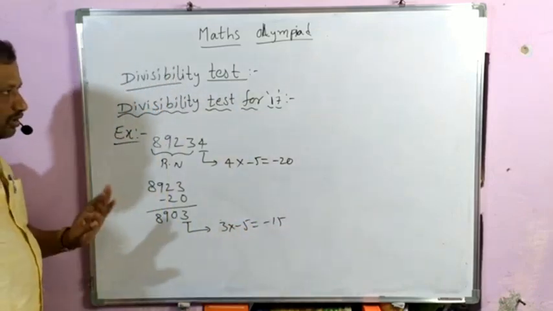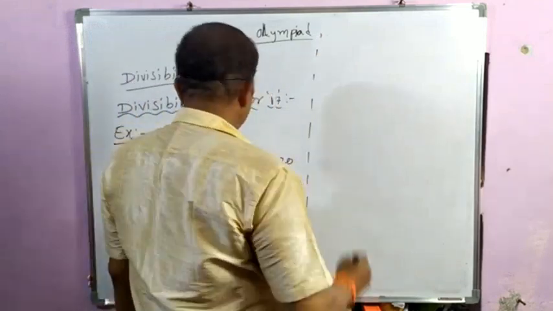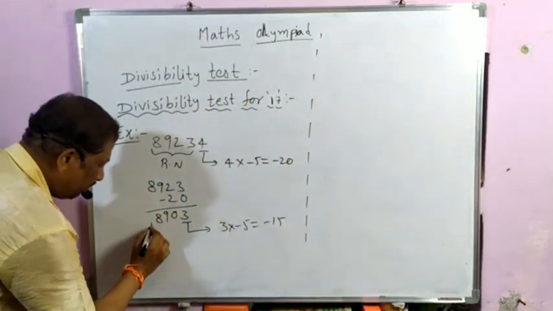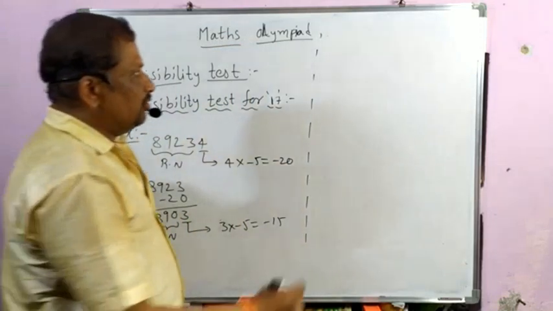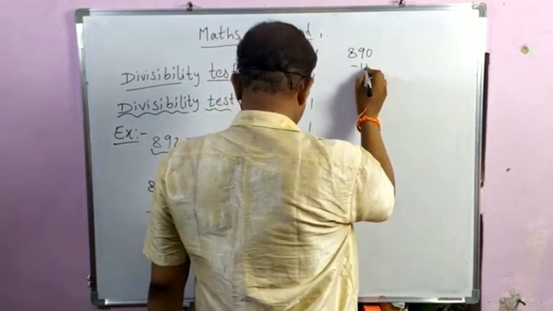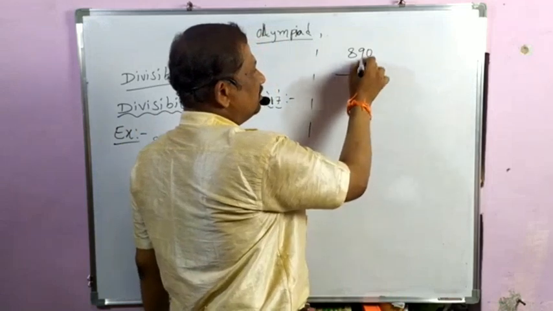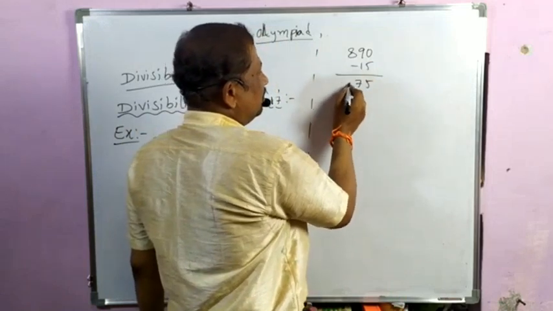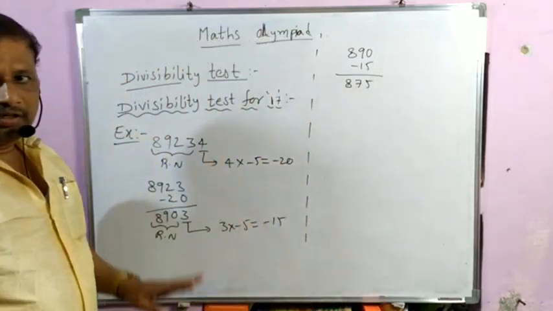Now again the same process. This 15 is subtracted from the remaining number, which is 890. From 890, subtract 15, and we get 875.